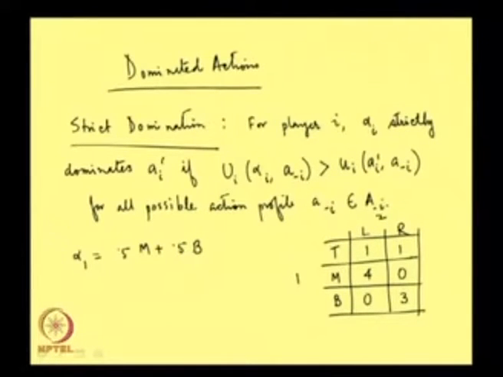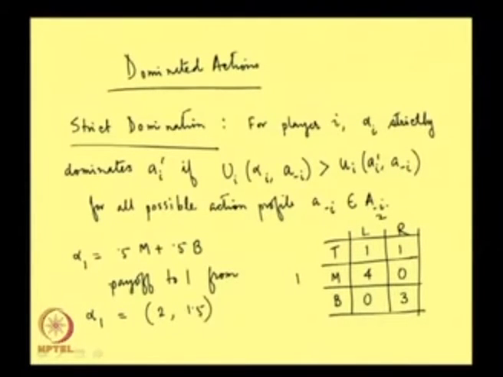It will be 0.5 multiplied by 4 plus 0, which is, so payoff from alpha 1 will be equal to 2, 1.5.